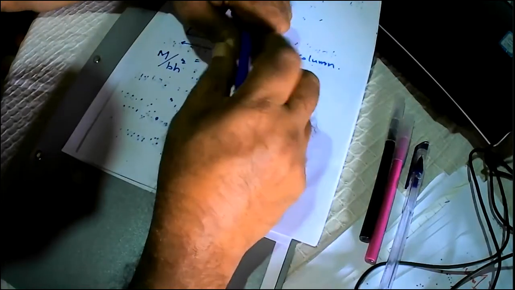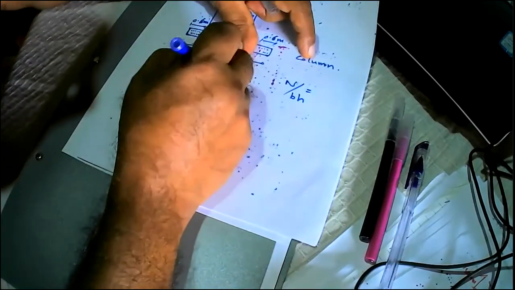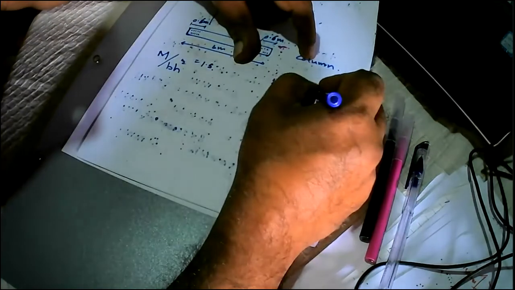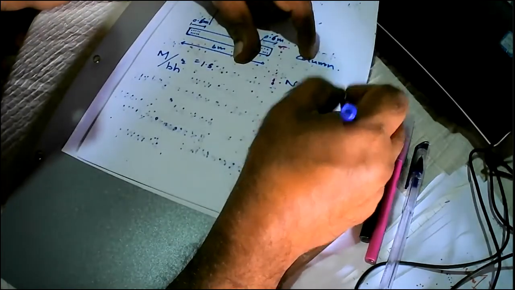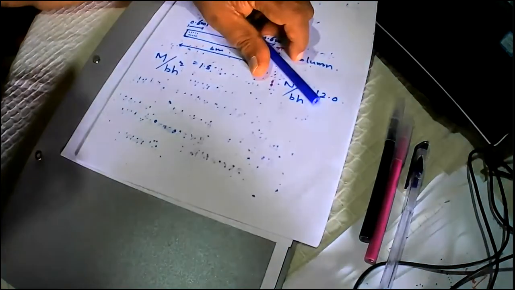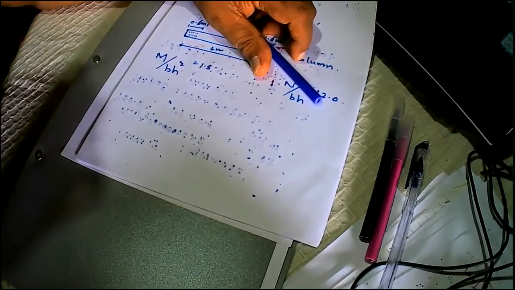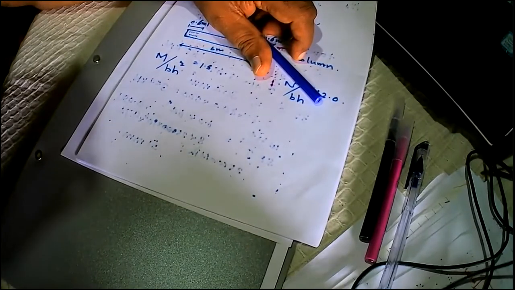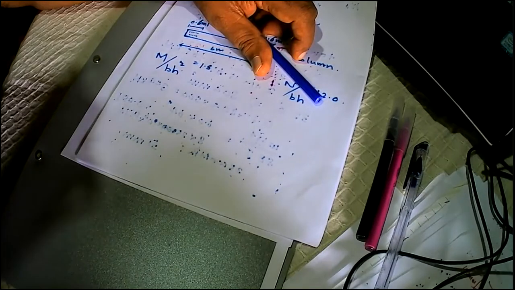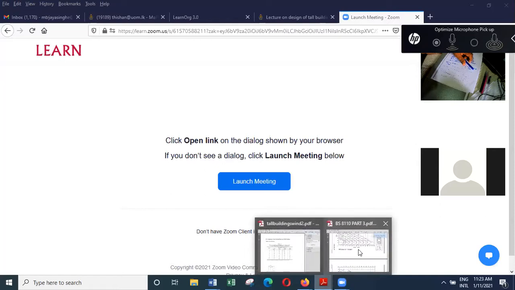And then say this value is 1.5, this value is 12. Then we will be able to make use of a chart like this.